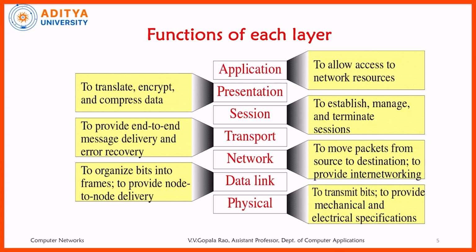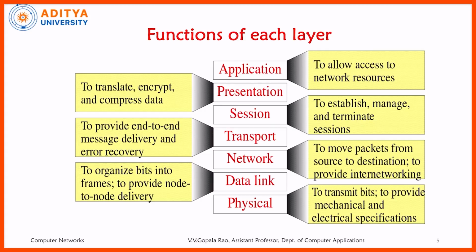The message that the sender is sending is to be carried to the destination. Once the message goes from sender to receiver, or source to destination, it can be called end to end, from one network to another network.